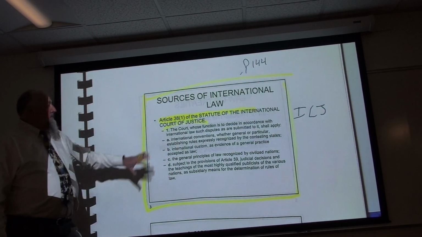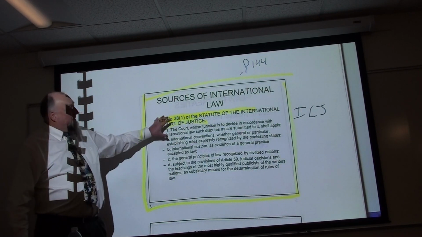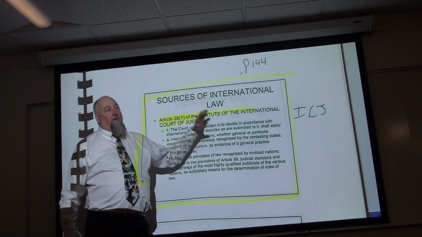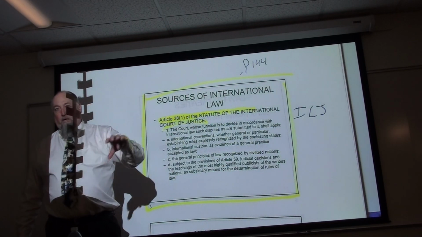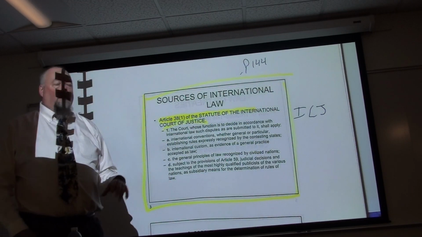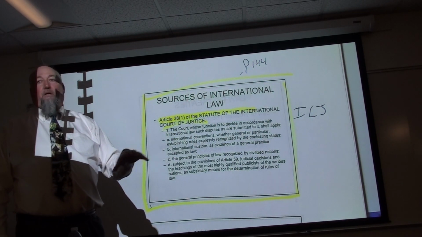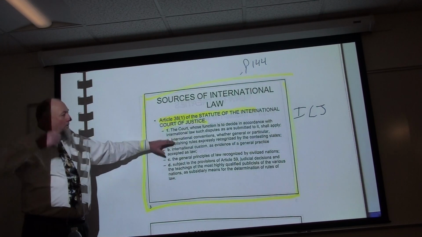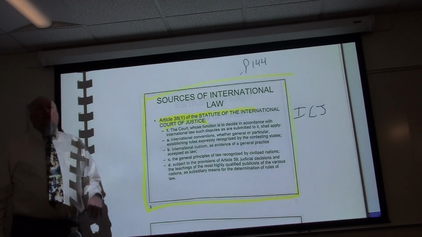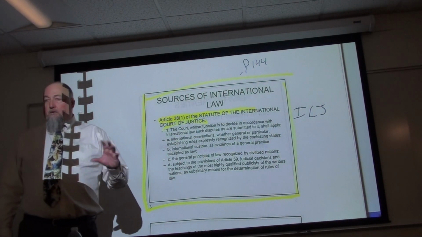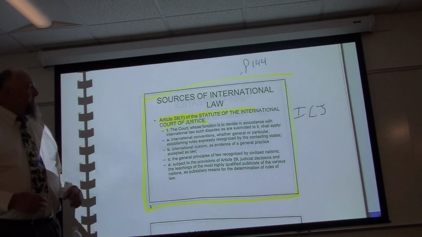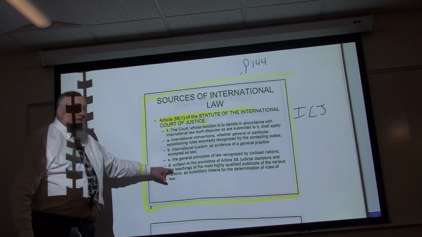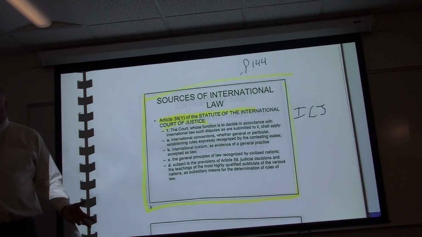Now, with that background, again, the idea is this is the United Nations Court. UN member countries have agreed automatically to be bound by it as being a UN member. And so this tells us, in order of authority, when there is a dispute among countries in front of the International Court of Justice, this is the list of law that the court will apply.